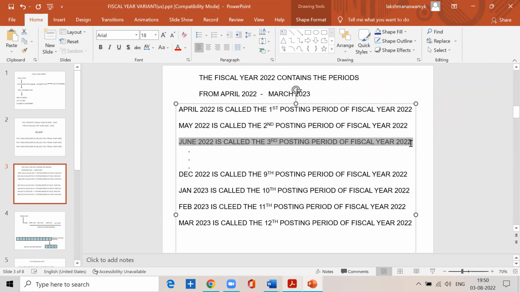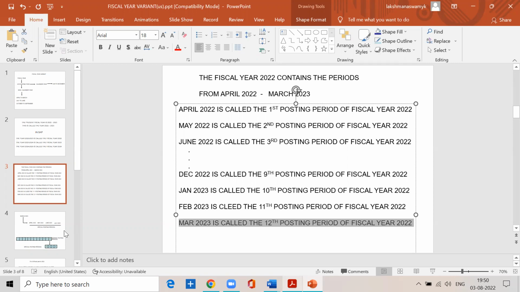On the same lines, December 2022 is called the ninth posting period. Then January 2023 is called 10th posting period, February 2023 is called 11th, and March 2023 is called 12th posting period of fiscal year 2022. That's how 12 months are completed and 12 months are represented in SAP.